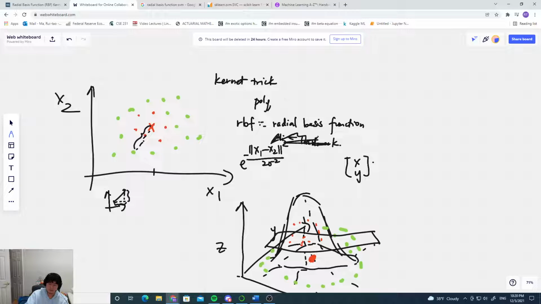Actually, ignore this landmark, we're not going to talk about that. And the x1 and x2 labeling is actually false. x1 is a point, and x2 is a point, they're actually all vectors, like I talked about earlier. So maybe let's pick this one as x1 and this one as x2.